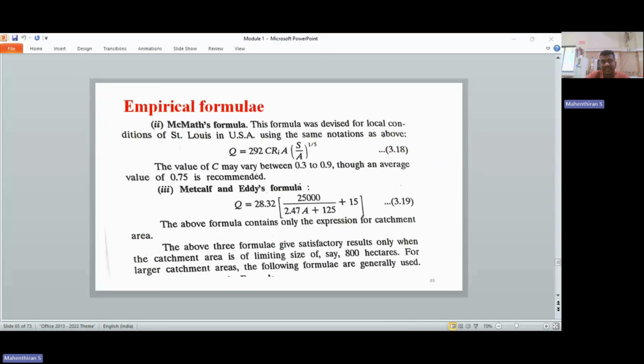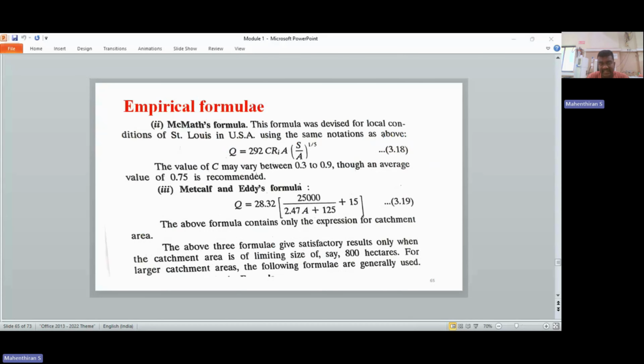Before we look into the formula, we learned that the rational method works well for catchments smaller than 400 hectares. For larger areas, we turn to empirical formulas, that is, equations derived from actual field observations rather than theoretical principles.